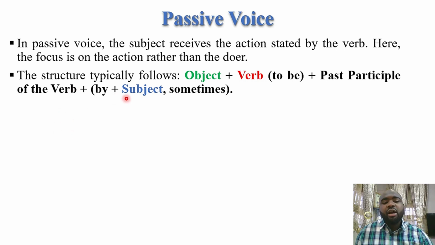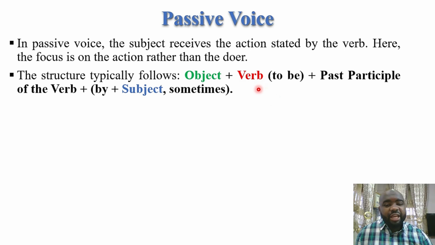The structure also is the opposite of the active. There we have subject, then verb, then object. But here we have object, then we have the infinitive verb to be. It changes. It's like a chameleon. It has eight different kinds. The infinitive verb to be, we'll have that in a different presentation for clearer understanding.